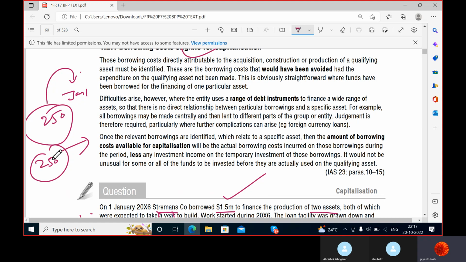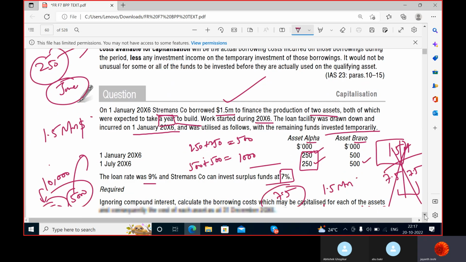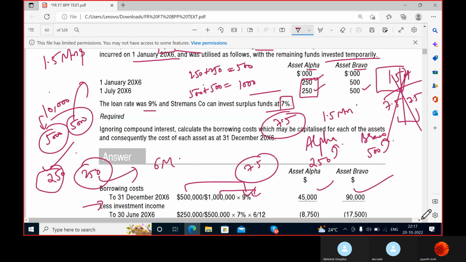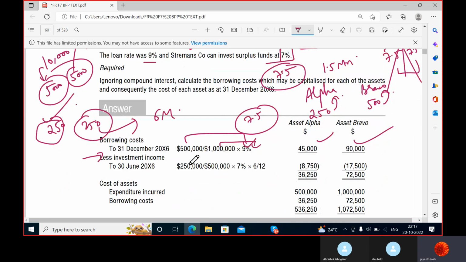At that time he was left over with excess 250 that he invested for 6 months till June. Then again, when his investment has matured, he got this money back, and also the returns. Then again, he utilized this money for construction of alpha. So in that way, 6 months he earned on this, and 6 months he earned on this at the rate of 7%. So he got these incomes.